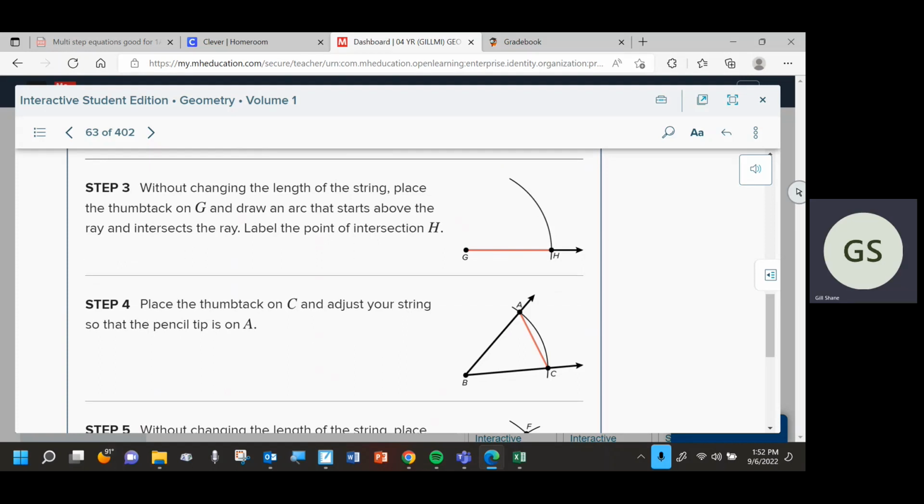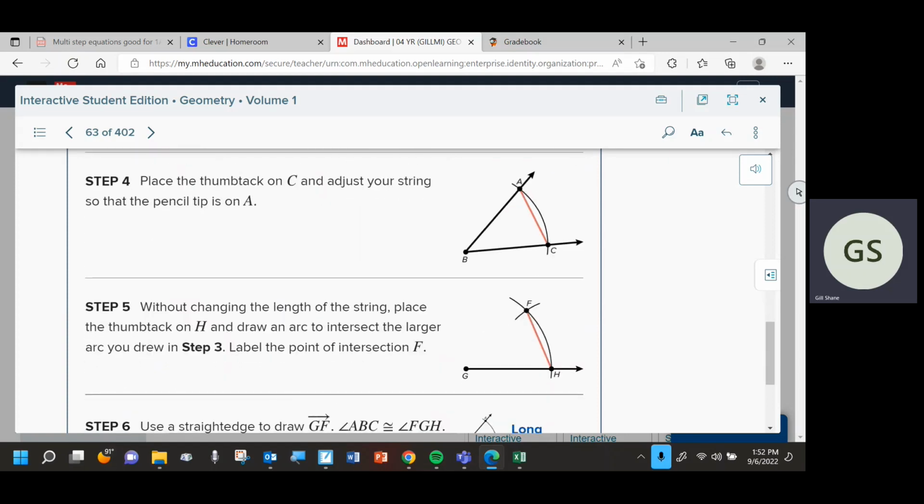From there, I come down and I now draw on the line. So now this is the line where I had that arc drawn. I now draw in another arc going sideways. So this arc right here, I drew in going sideways. Again, that's going to match up with point A.